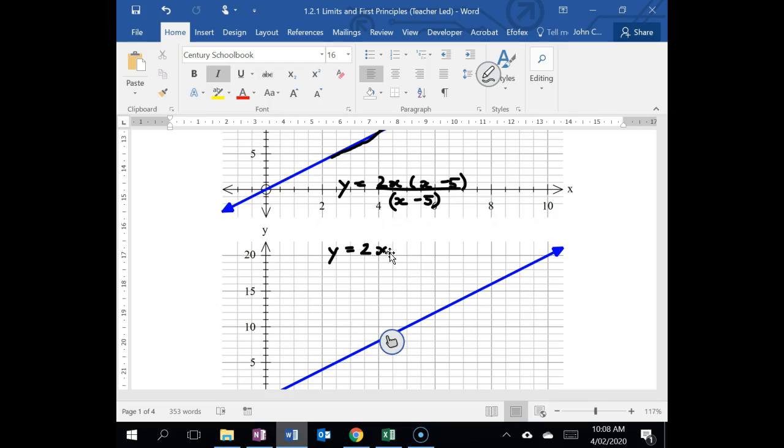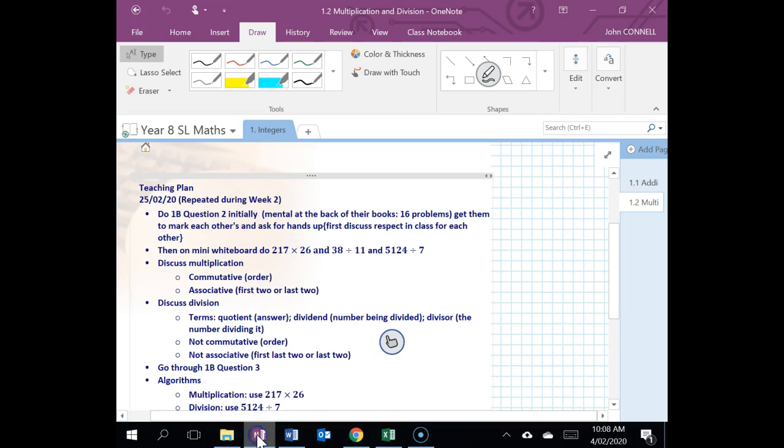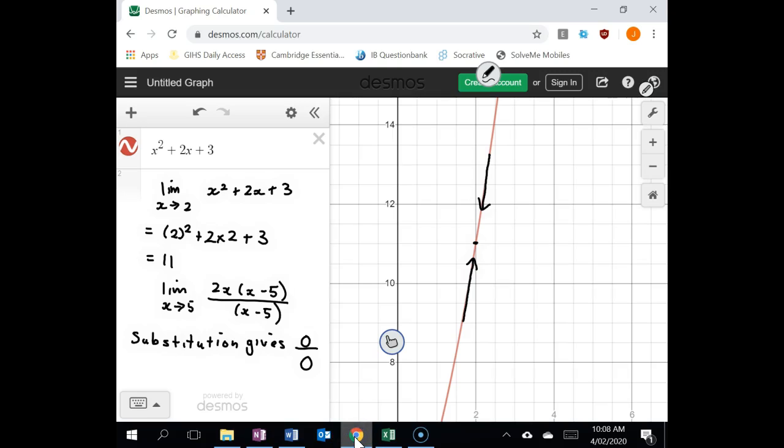And so for any other x value, say if we put 4 into this function, so if I say y is equal to 2x(x take 5)/(x take 5), I'll work that out for any other value apart from 5.